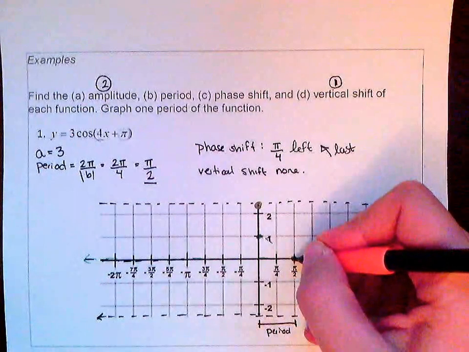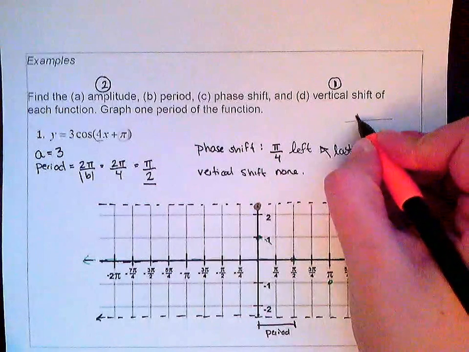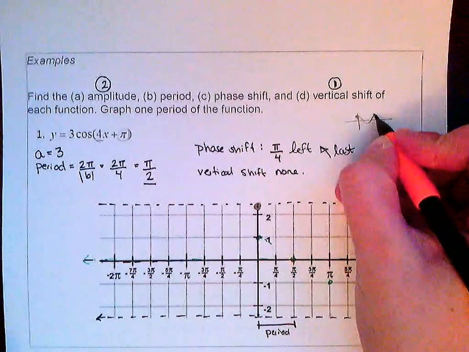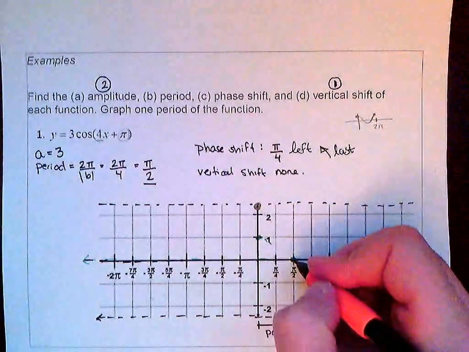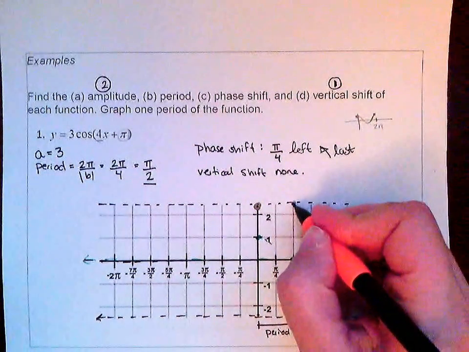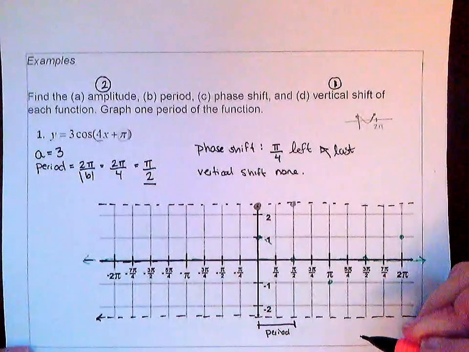If you remember, cosine looks like this, and it would have ended at 2 pi if the period was 2 pi, but because the period is pi over 2, it's going to end at pi over 2 up here.